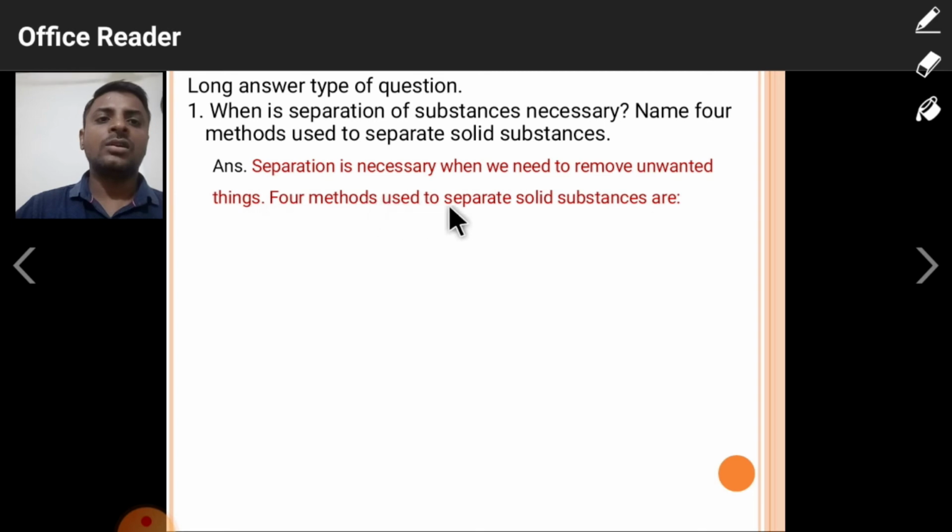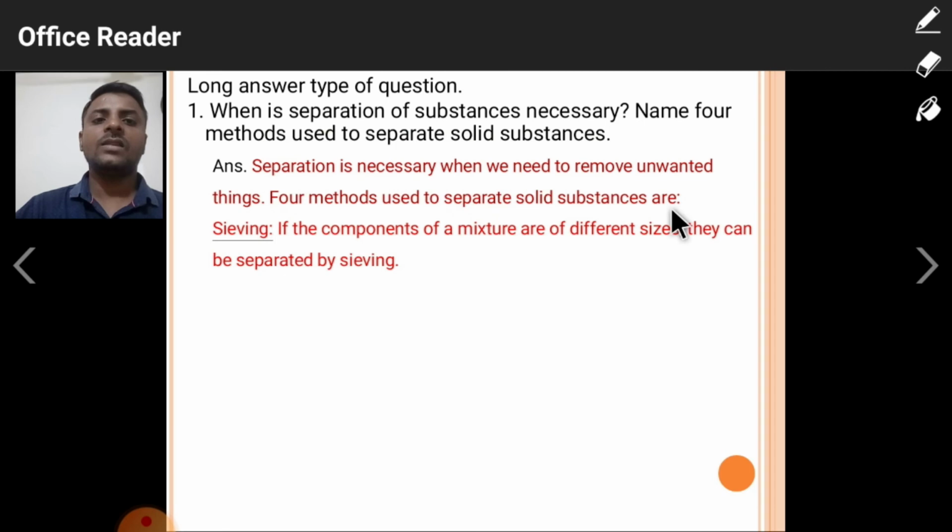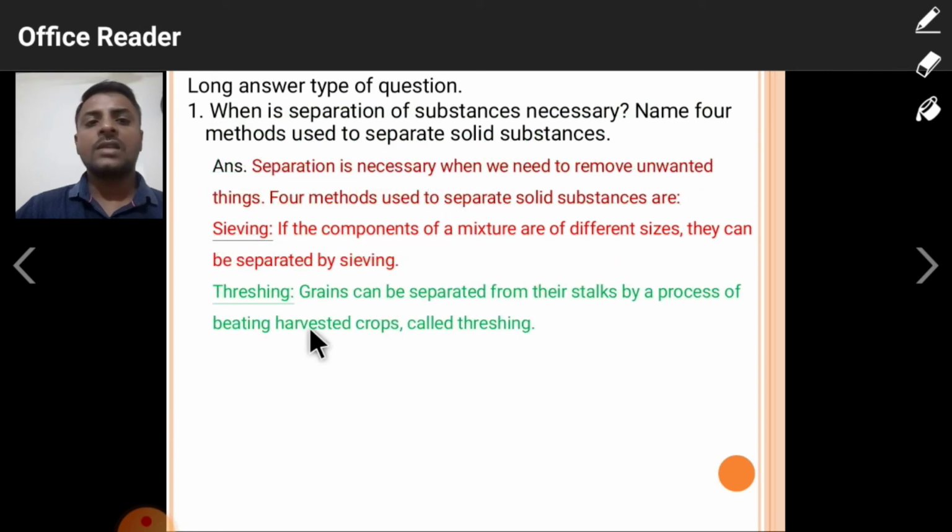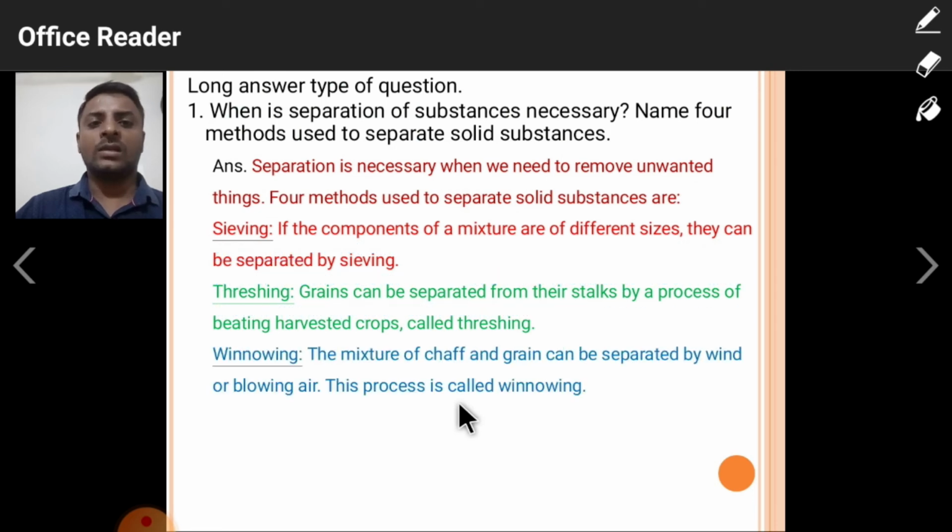4 methods used to separate solid substances are: first is sieving. If the components of a mixture are of different size, they can be separated by sieving. Next is threshing. Grains can be separated from their stalks by the process of beating harvested crops, called threshing. Winnowing.